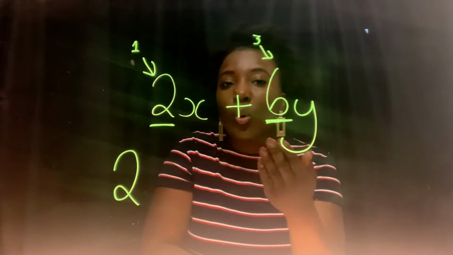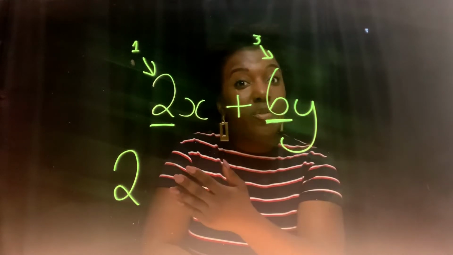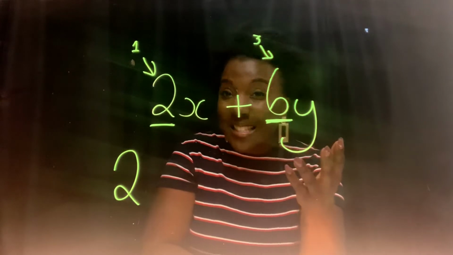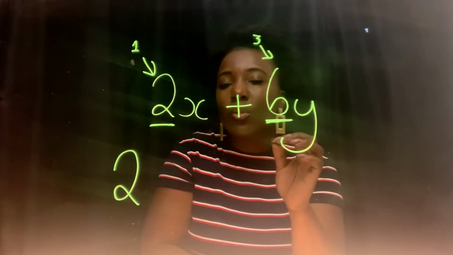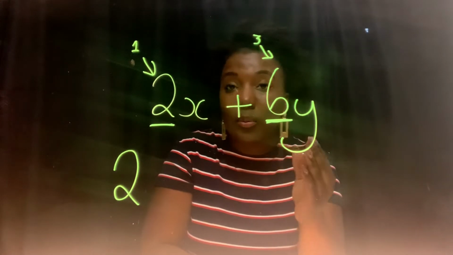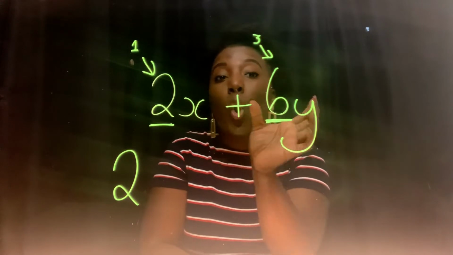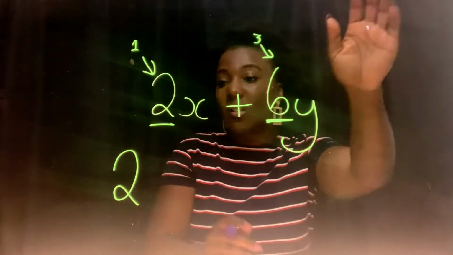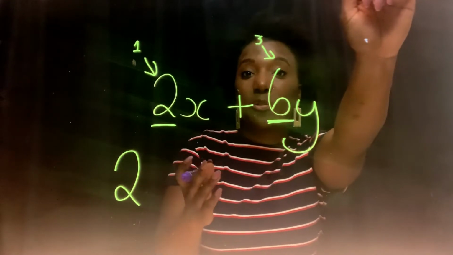If our unknowns are different, then they can't go outside of the brackets. They will remain inside the brackets. So it's very key that you understand this concept. In factorization of expressions, you can only put things that are common outside of the brackets. And so far, we've only got the number 2. So x and y are different.